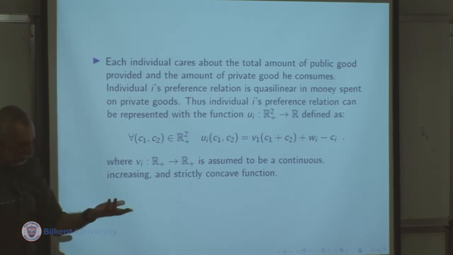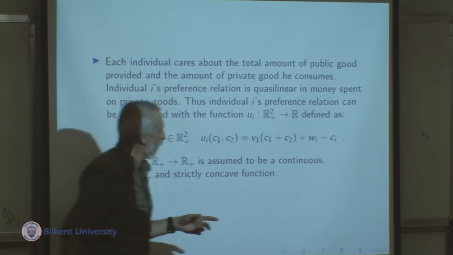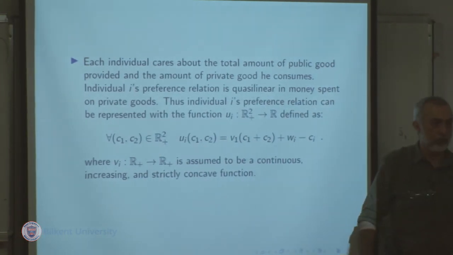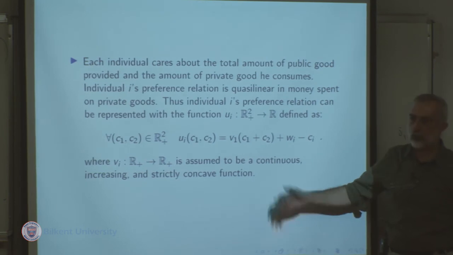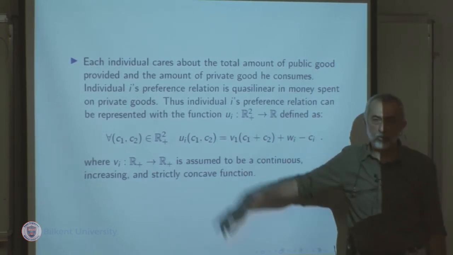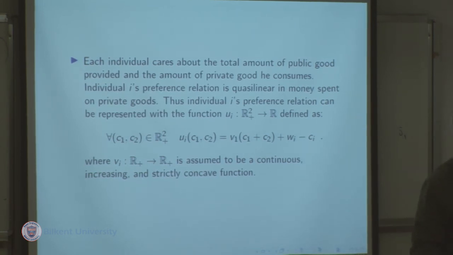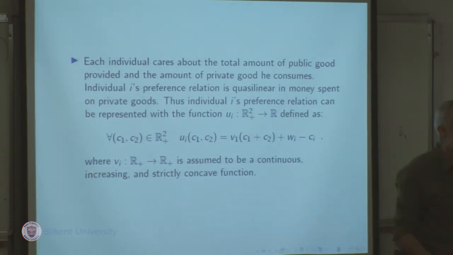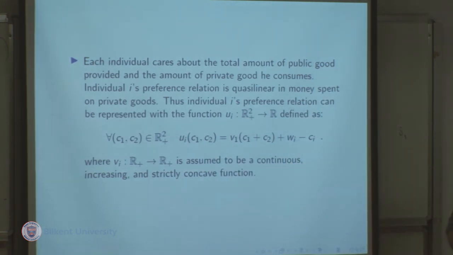Just before we start attacking this problem, let's take a look. First of all, that's the numeric representation of the preferences. We know from microeconomic theory that any increasing transformation of a numeric representation is also a numeric representation.